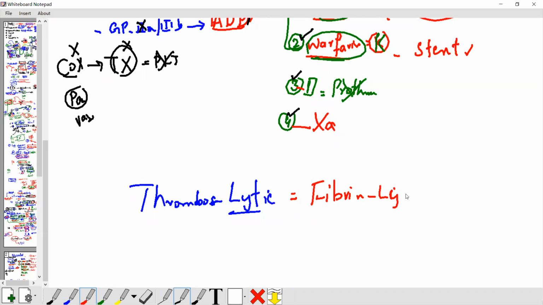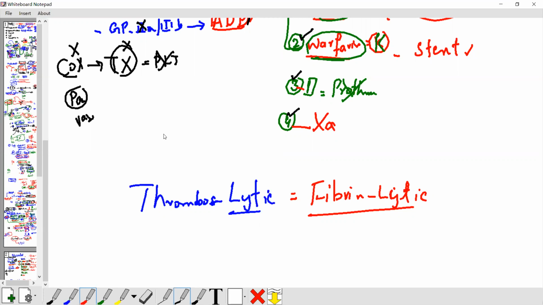Yeah, they break the fibrin. Fibrinolytic, thrombolytic, same thing. First we try to avoid platelets being activated: no adhesion, no aggregation, no activation of platelets. The drugs used against platelets, drugs used against clotting factors, but still the clot is there.